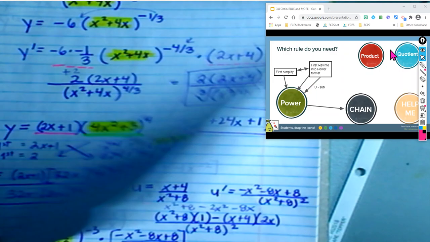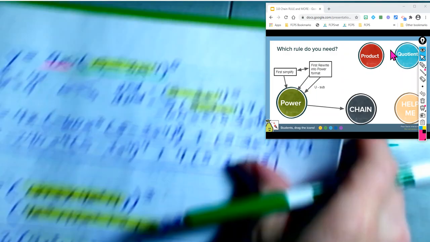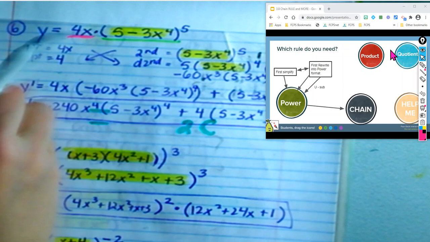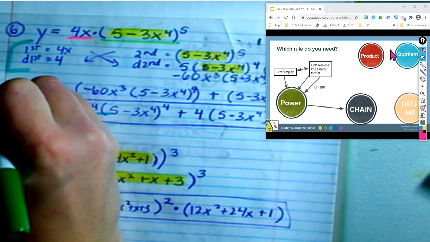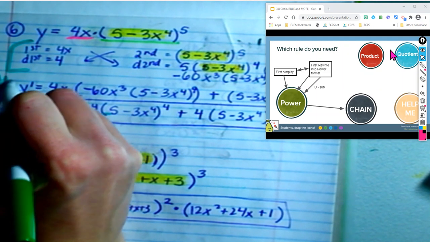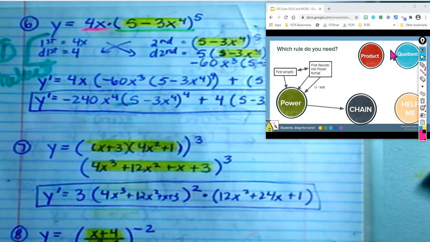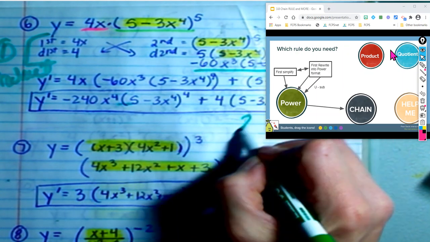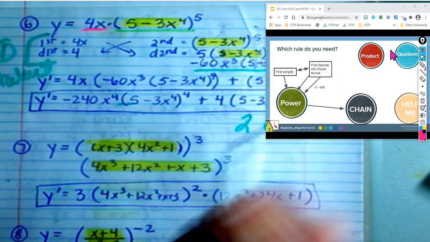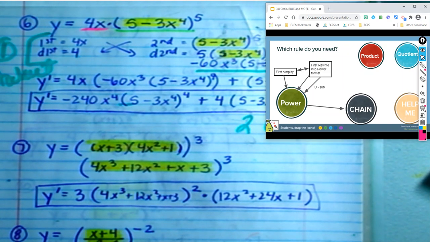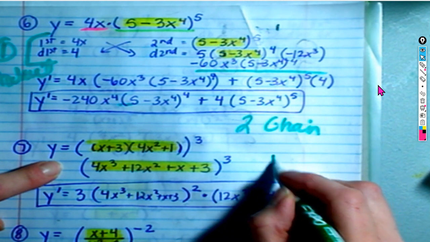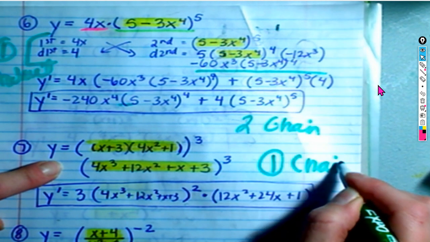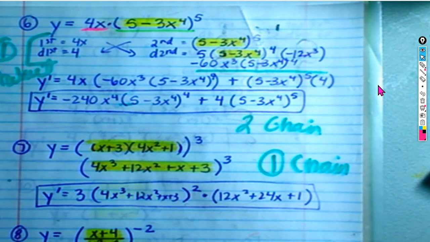All right, almost there. It's tricky when you have to decide what goes first, what goes second. Okay. Again, the first thing I do is the product rule. The second thing I did was the chain rule. Okay, here, the first thing I did was chain rule.